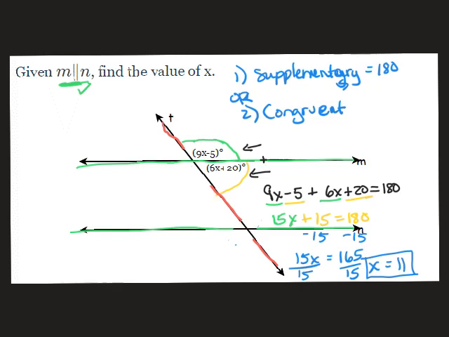Find the value of x. X is equal to 11. Now remember, this angle is not 11. X is 11. The angle is 11 times 9 minus 5, or 11 times 6 plus 20. That's how we would find the degrees that they are. But they didn't ask us for that. They just simply asked us to find the value of x.